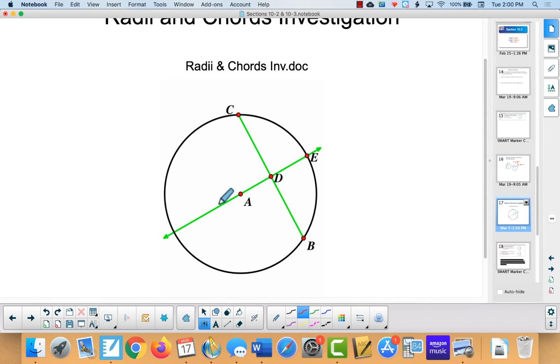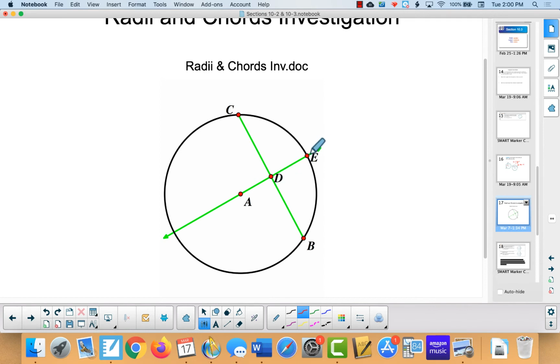So that's one part of this theorem that you should know, that a line that goes through the center of the circle, this is circle A, that is perpendicular to a chord bisects that chord. Also, if you make this line so that it bisects the chord, you'll find that it is perpendicular to the chord.